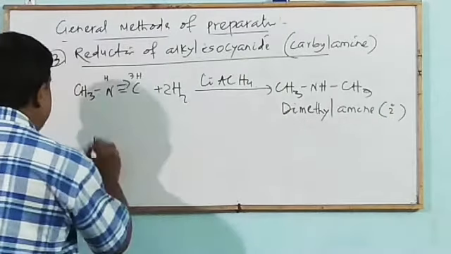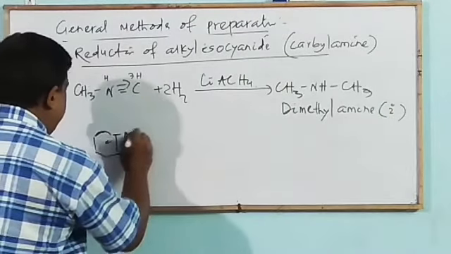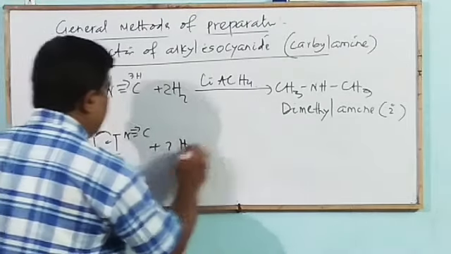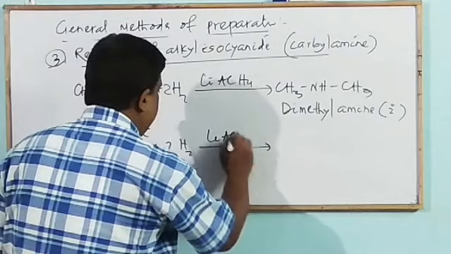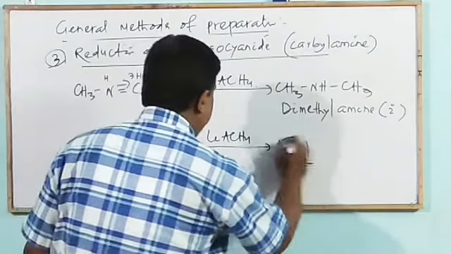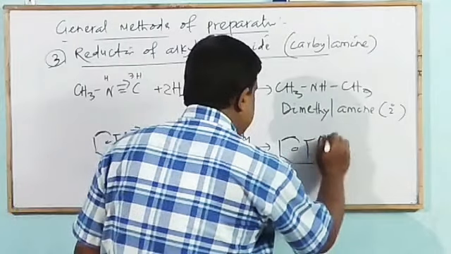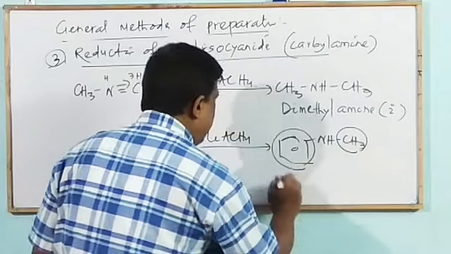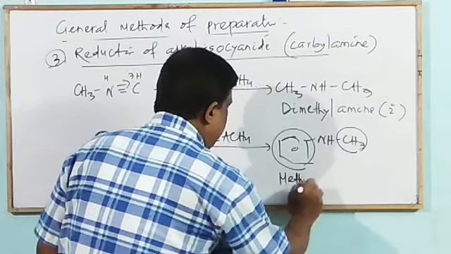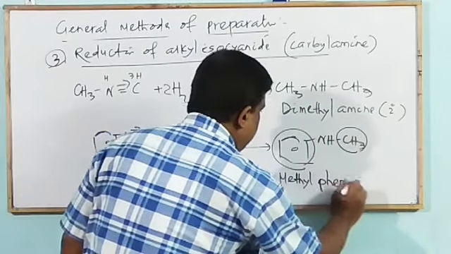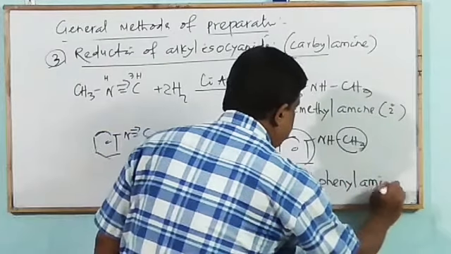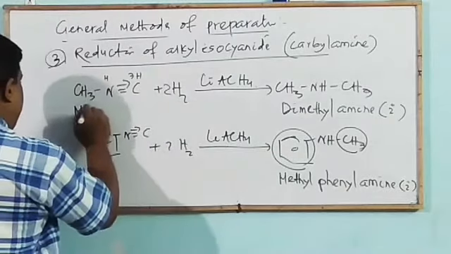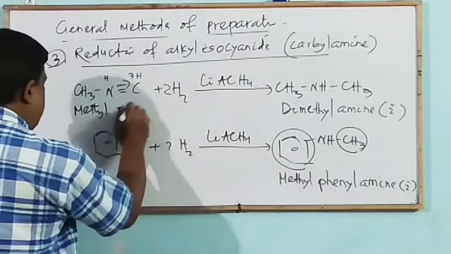Similarly, if we select phenyl isocyanide, then in presence of LiAlH4 it gives C6H5NHCH3, methyl phenyl amine. This method is meant for the preparation of 2 degree amine.